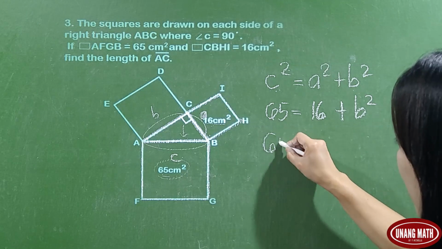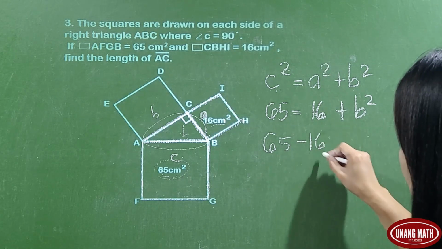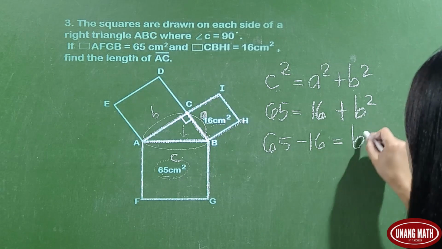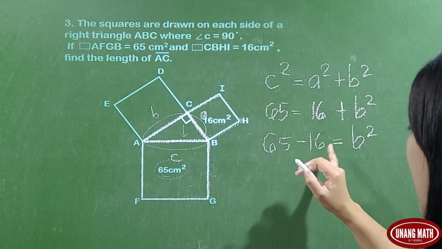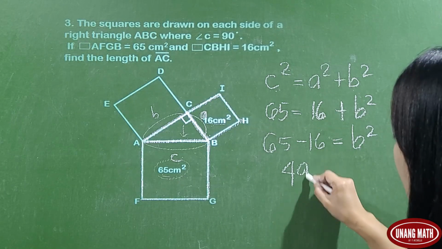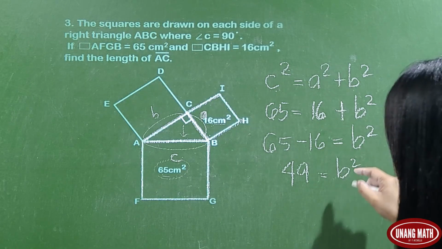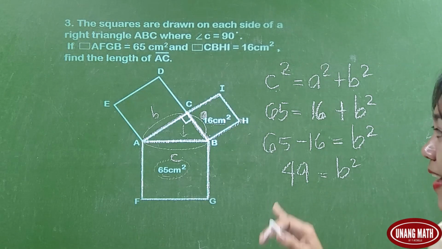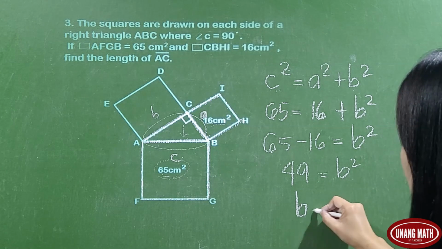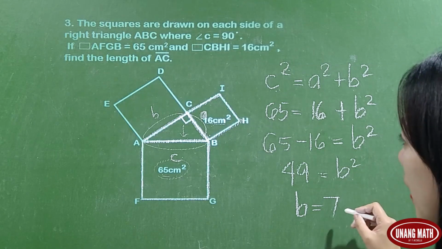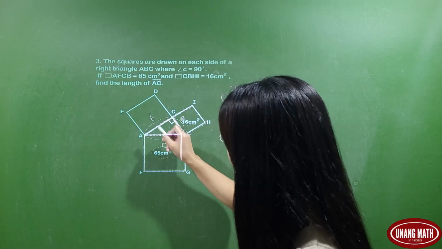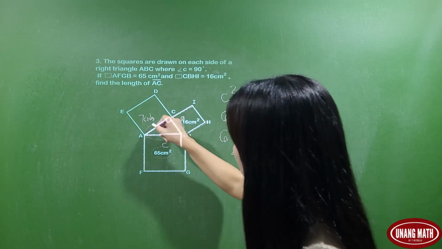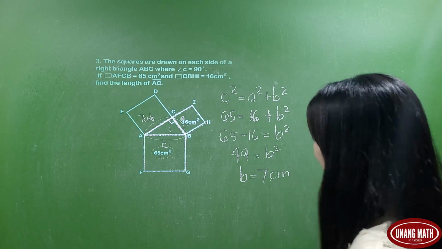So this is now 65 minus 16 is equal to b squared. 65 minus 16 is equal to 49. So the square root of 49 is 7. So that means b is equal to 7. So the length of this side of this right triangle is 7 centimeters.